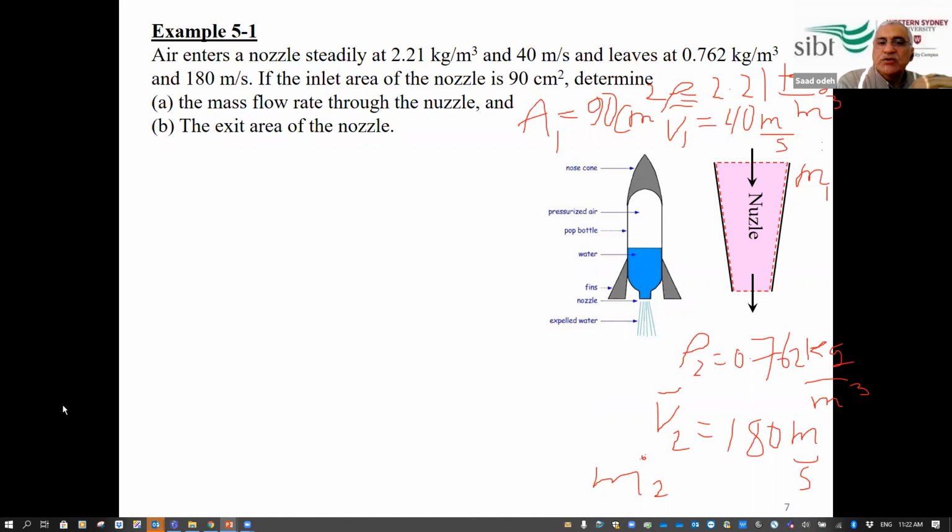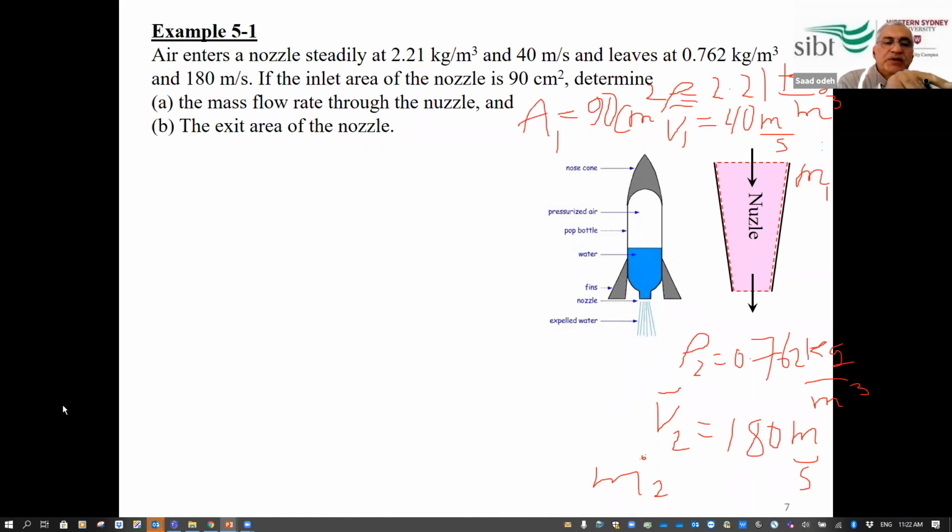So whether it's air or liquid, you always have the same mass flow rate. Just make sure that you remember this. Whether it's liquid or gas, you must have the same mass flow rate. So mass flow rate entering the system must equal the mass flow rate leaving the system.